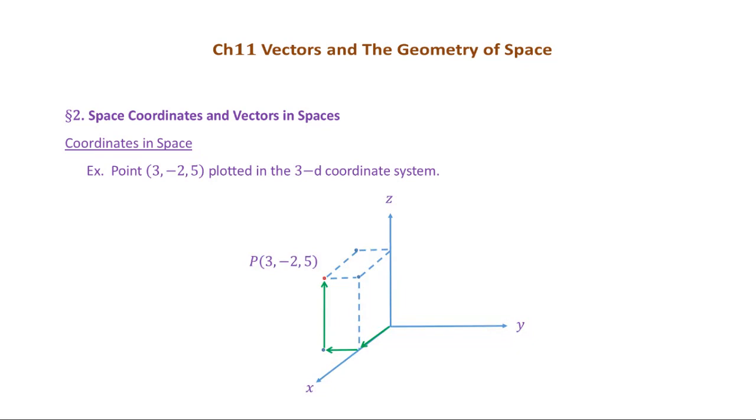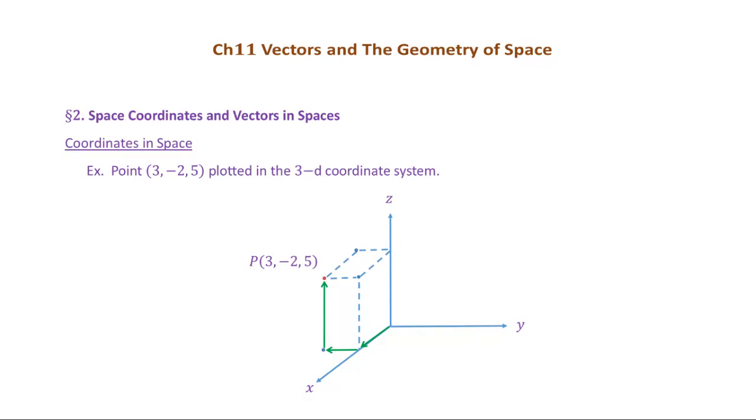Let's do one simple example of how we plot points in the three-dimensional coordinate system. Suppose we have a point with coordinates 3, -2, and 5. You start from the origin and move 3 units along the positive x direction, then move 2 units opposite to the positive y direction, that is, in the negative y direction.